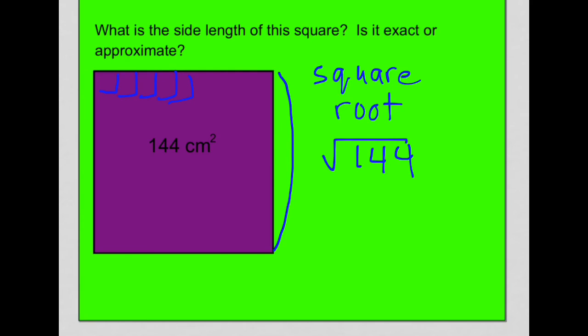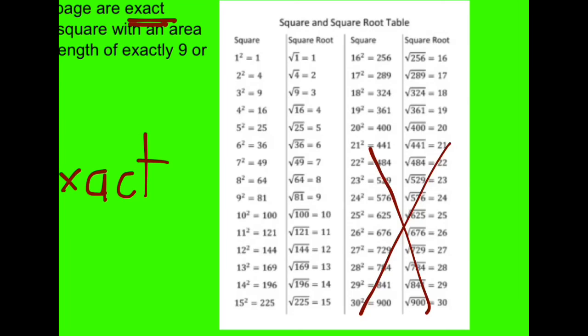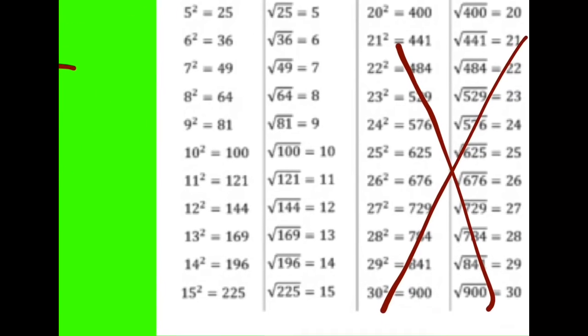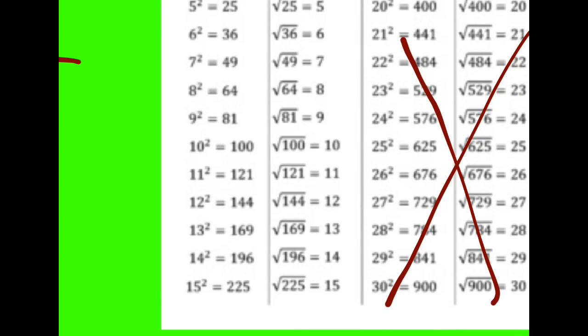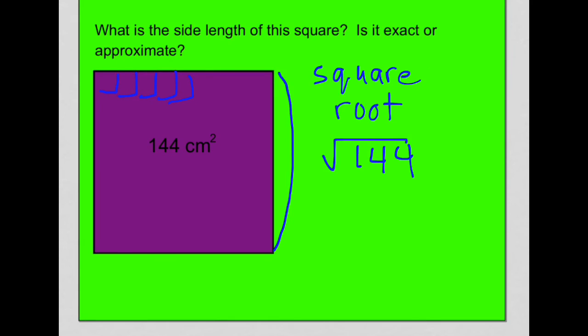And if I go back to my perfect square page, over here you can see that the square root of 144 is 12. So that means this answer is 12, which means the side length of this square, this distance from here to here, would be 12 centimeters long.